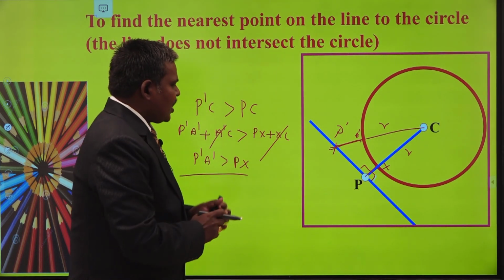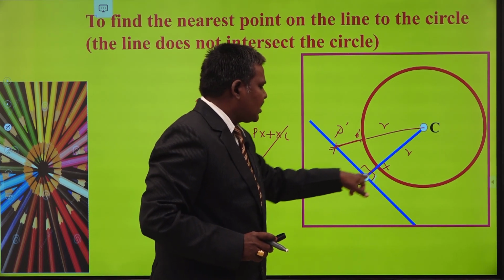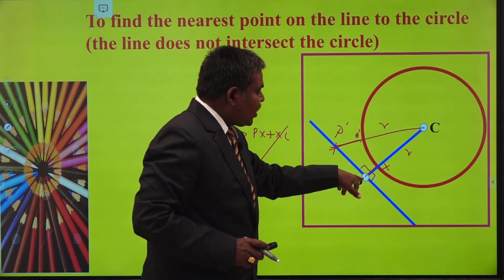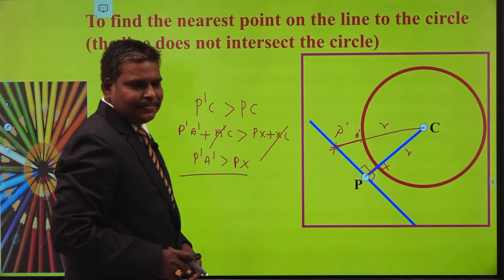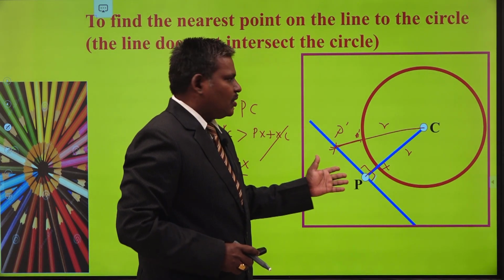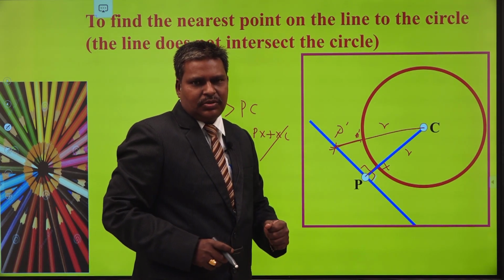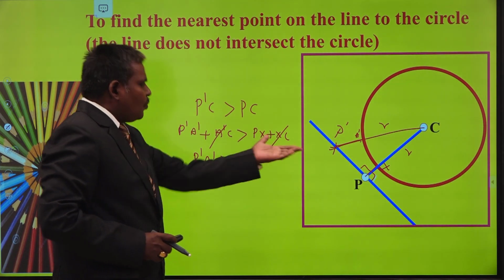So for this problem, there are two questions you may ask. Which is the nearest point on the circle to the line? Which is the nearest point on the line to the circle? Understand? See the logic, see the concept, observe thoroughly. You can enjoy the concept. Okay? P dash A dash is greater than Px. What do you conclude?